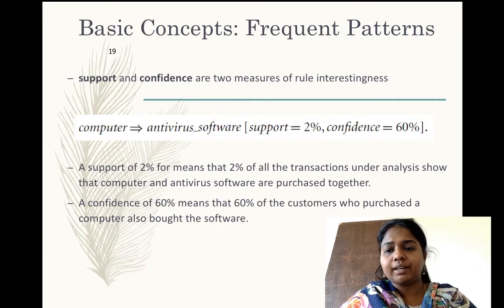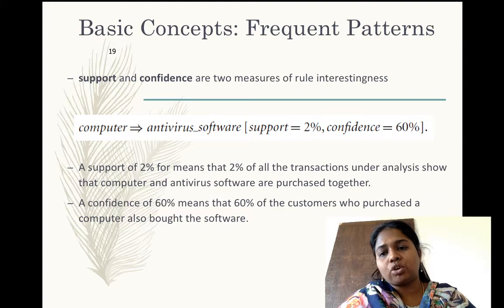I can understand whether every time a computer is bought, an antivirus is also bought along with it. That defines the confidence of relativity among the predecessor and the consequent.